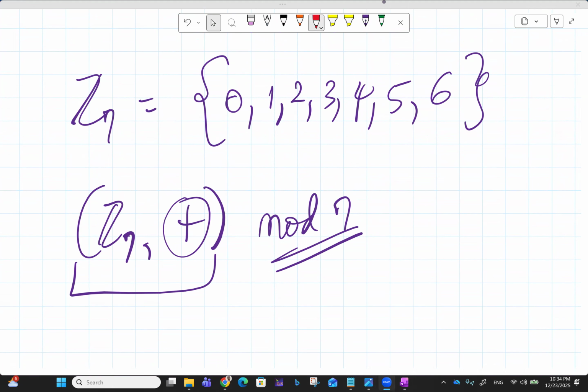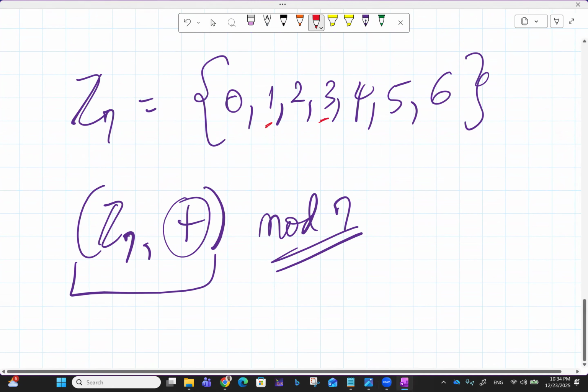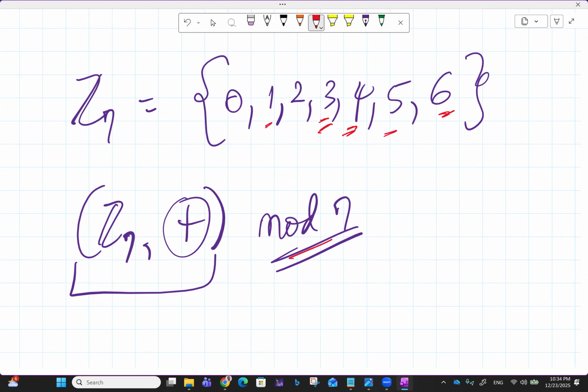So 0 plus 1 is 1, which is here already. 0 plus 2 is 2, that's there already. 0 plus 4 is 4. 0 plus anything is fine. So go to 1. 1 plus 2 is 3, that's here. 1 plus 3 is 4, that's here. 1 plus 4 is 5, that's here. 1 plus 5 is 6, that's here. But guess what? 1 plus 6 is 7. Since we are working in mod 7, 7 divided by 7 is 1, remainder 0. So this 0 is what you take. The 0 is here, right?